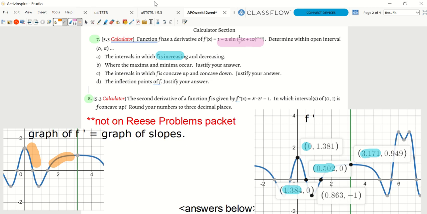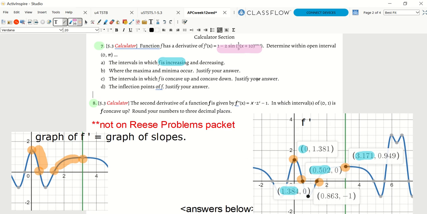Okay, and this is to describe where F is increasing, where the graph of slopes is positive. It is going to be between these two points and these two points, these oranges here. So we're going to get in between 0 and 0.502.